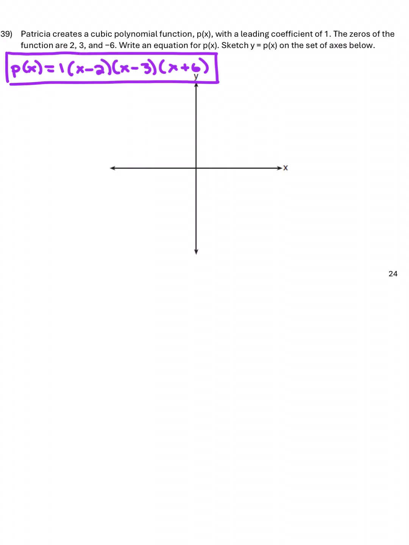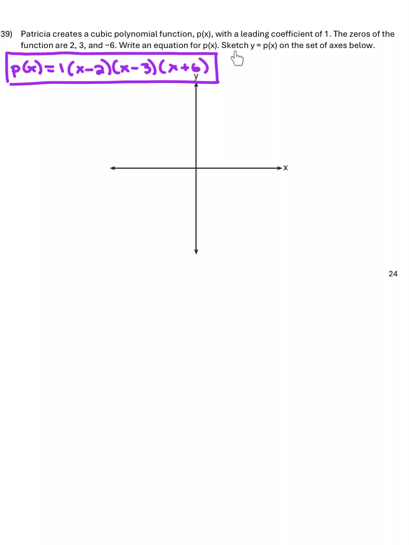Now, some of you may be tempted to distribute, right, and multiply this all out and write it in standard form. I recommend you do not do that. If it just says write an equation for p of x, I would leave it in what we call factored form, because that way you don't take the chance of making a mistake while distributing this all out. Okay, so sometimes less is actually more, right?